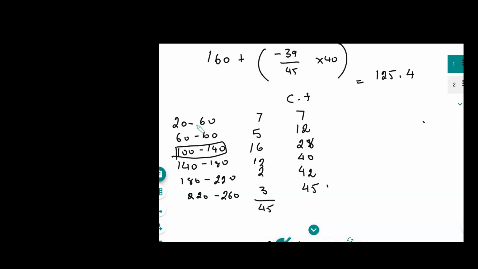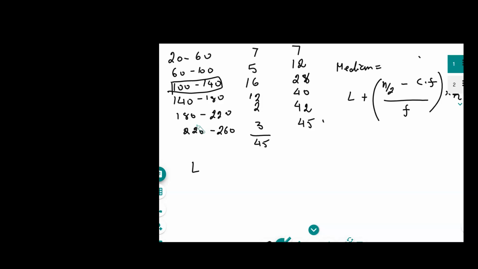Now we know the formula: median is equal to L plus n by 2 minus CF, divided by the median class frequency, times the class size, which is h.